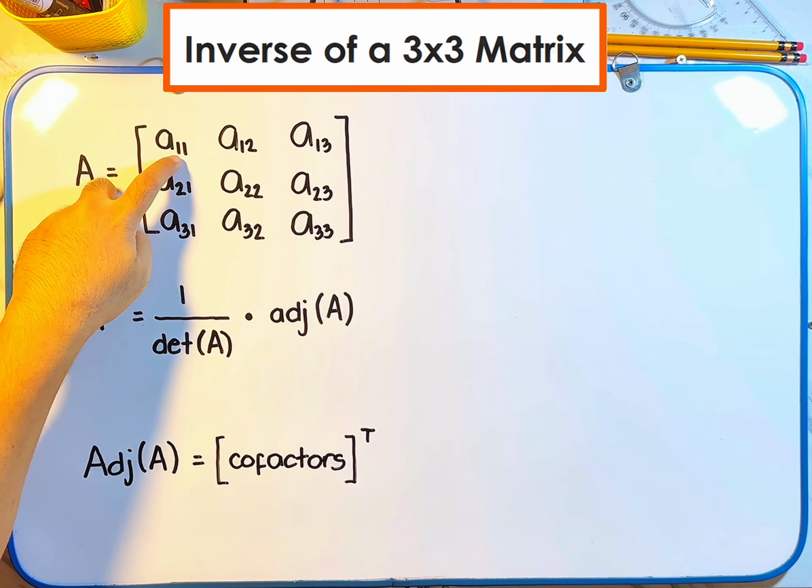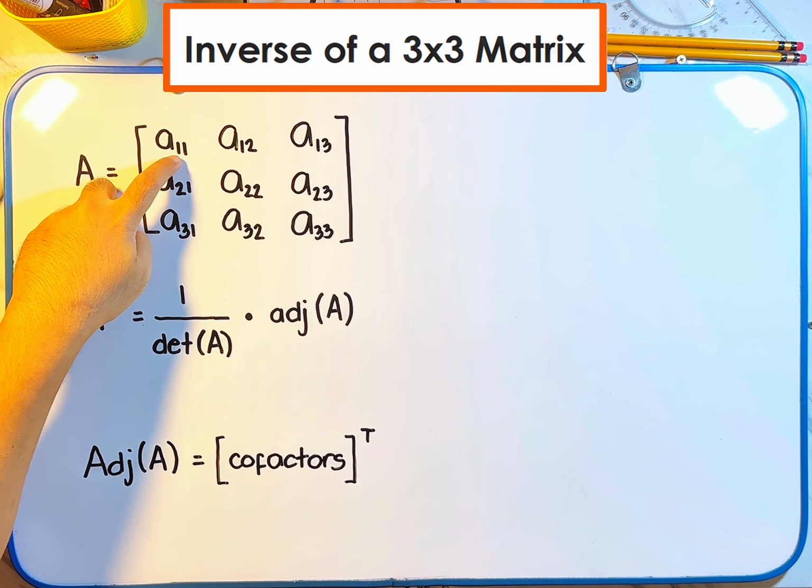We have to copy the first 2 columns outside. The determinant of matrix D is equal to, let's multiply diagonally downwards from left to right.